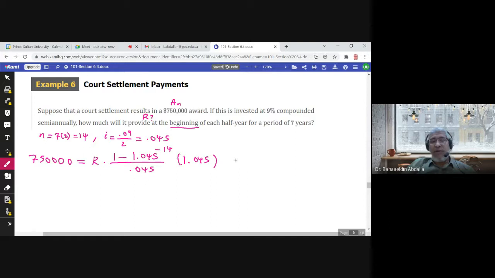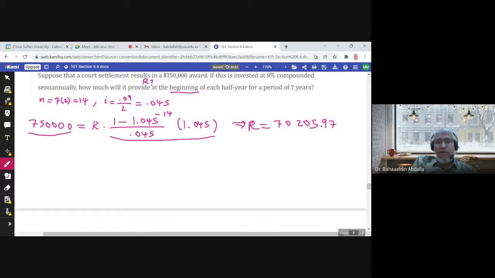And we can find R by dividing 750,000 by this amount: calculate this first and then divide 750,000 by this number. Using the calculator, the answer is $70,250.97. So these are the payments.